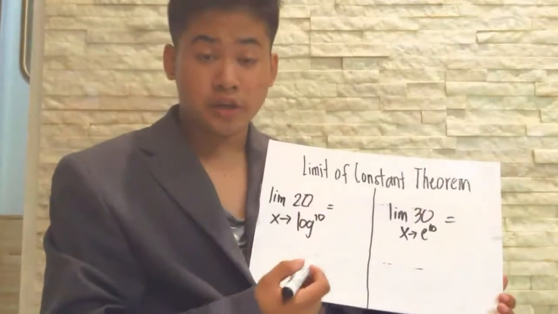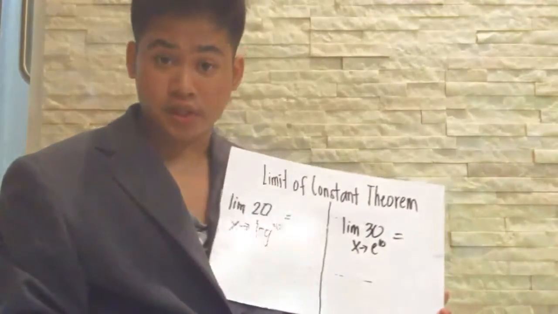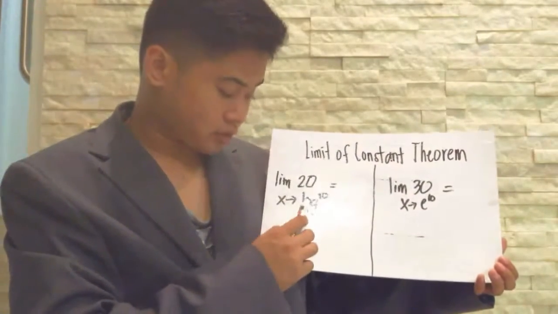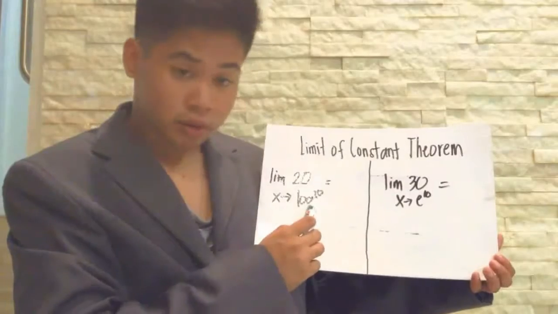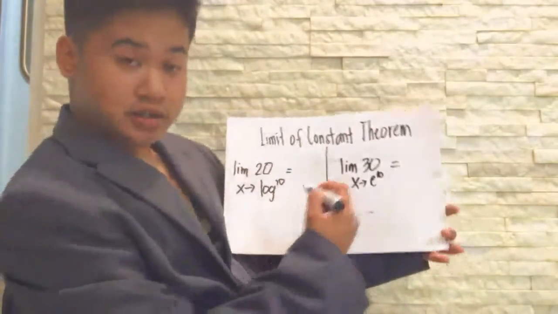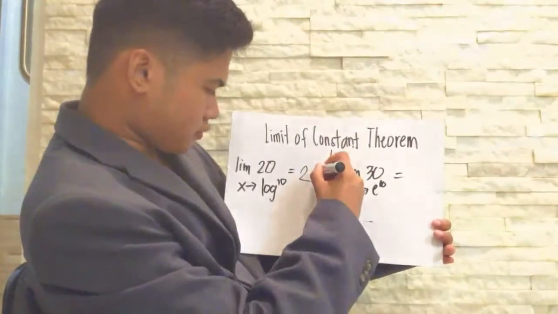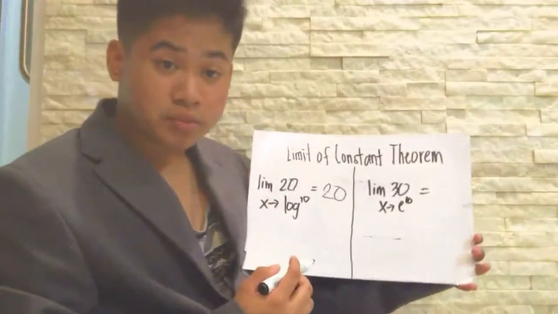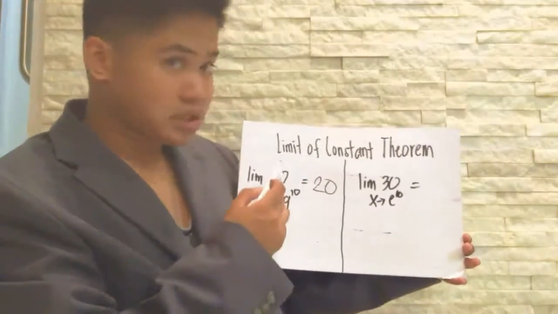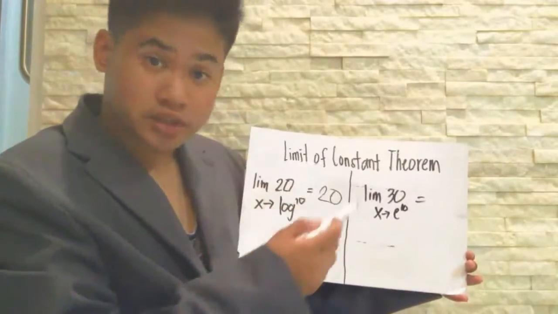We have two other examples for the limit of constant theorem. First one, the limit of 20 as x approaches log power 10. The answer here is 20, simply because the rule states that the limit of the function is always equal to the given constant.